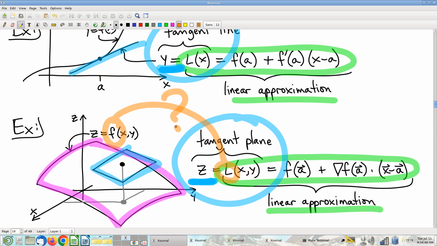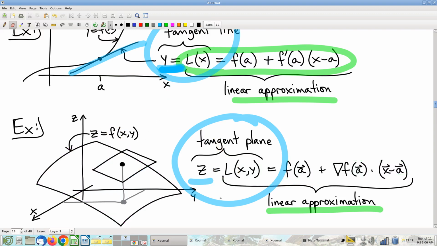They have the same value at the given point, so they touch at that given point. They have all the same partials, so they have all the same slopes. And therefore this blue plane is tangent to that purple surface. So it's totally analogous to the idea of a tangent line, just one dimension up.